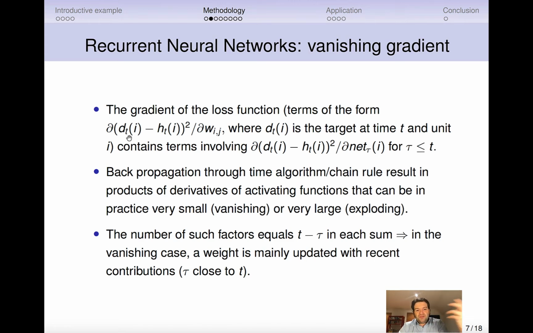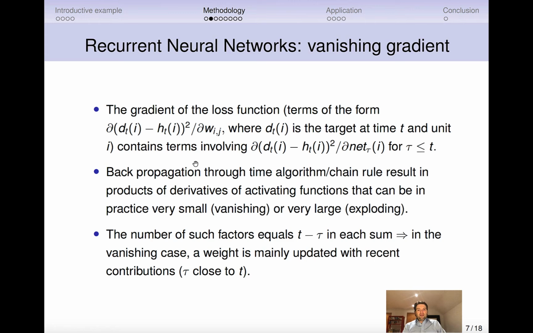That can be a prediction, for example. And h_ti is the value which is predicted by the recurrent neural network at time t for cell i. And thus we have terms of this type: the derivatives of this square with respect to w_ij.